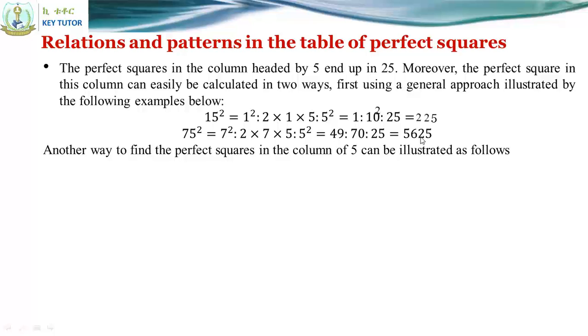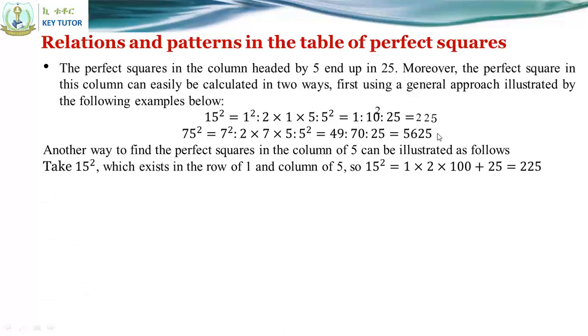Until now I have written 2 and 5, and then the remaining 7 taken as a carry to 49 then gives us 56, and the whole 56 is brought here. Now the whole thing is 5625. So 75 square is simply 5625.